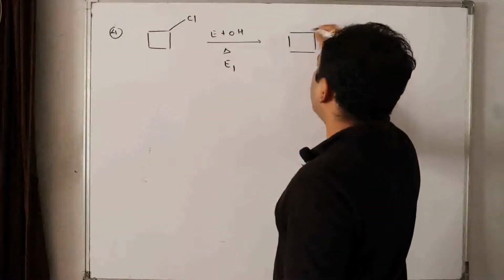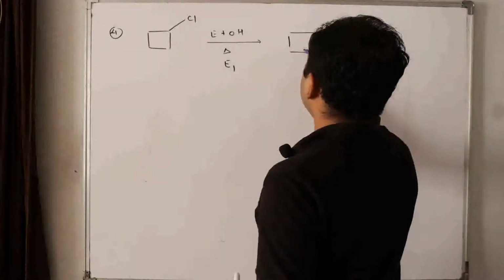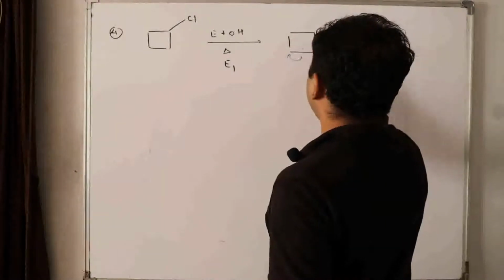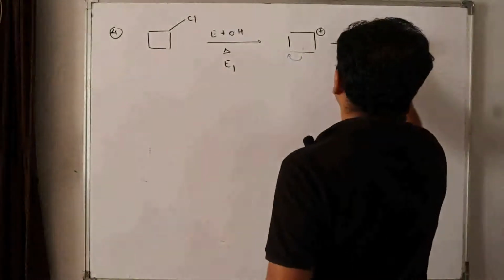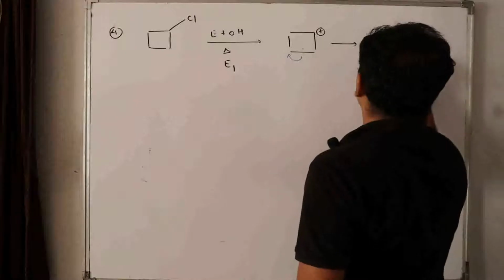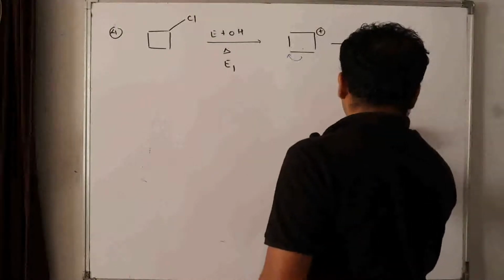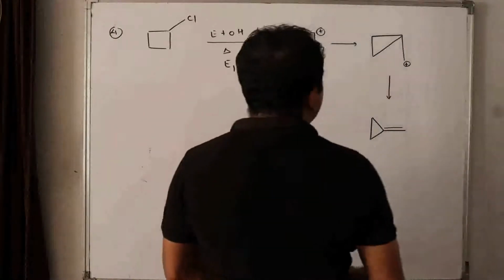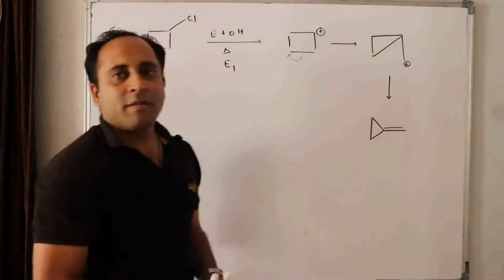So this is formed. Can I rearrange? Do you remember? This will come over here, negative. This one is positive. Bond is formed. So how can I rearrange this? Now plus. So this will only have one product. What is that? Isn't it? Because this is most stable. I cannot rearrange this. This is the only product formed in this case.